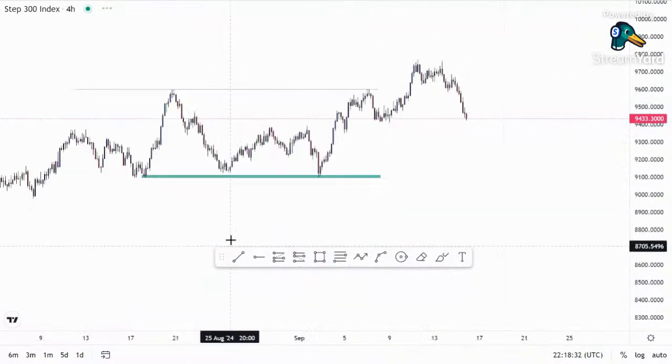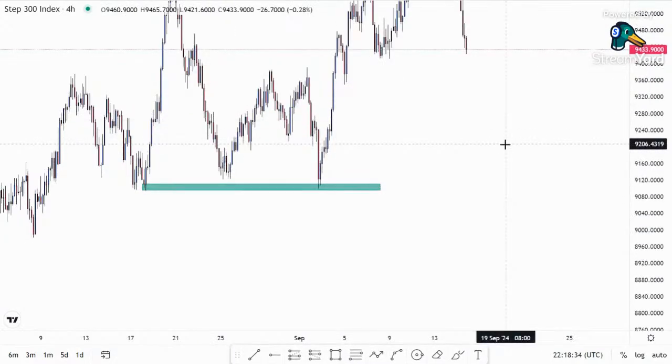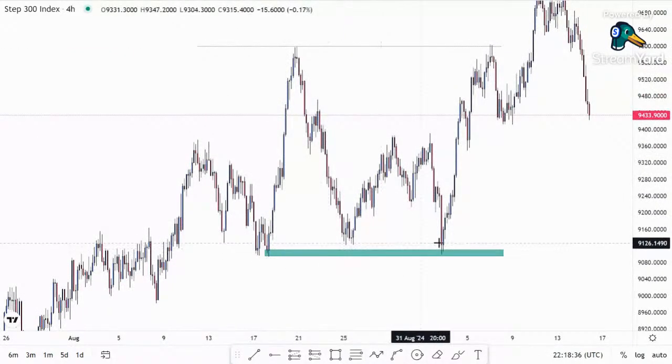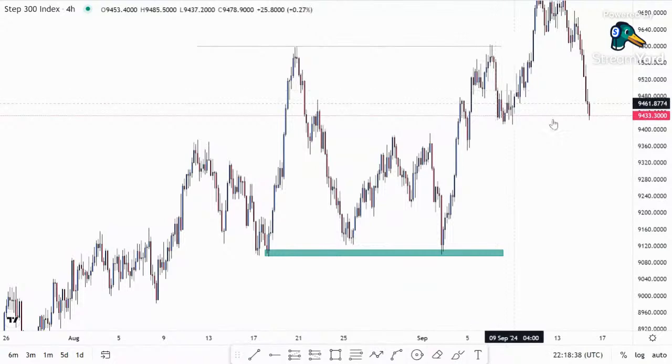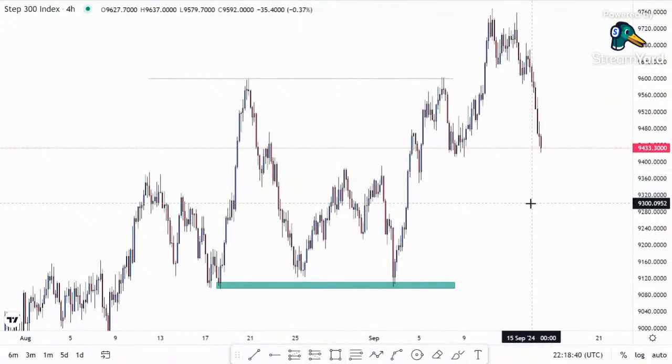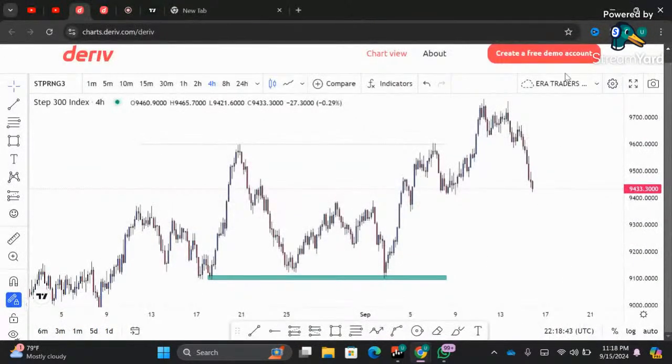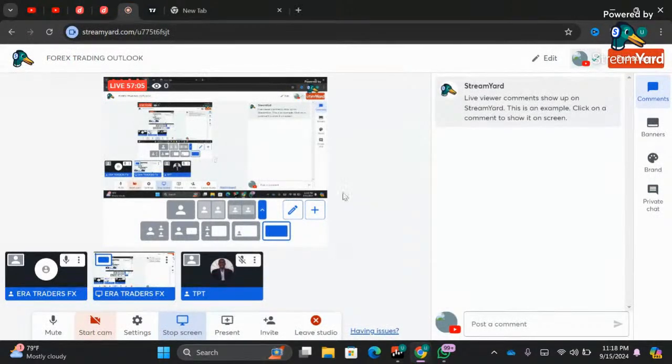4 hour time frame. From here, target there. So basically, I'm just here waiting for price to move, do his thing, anything he wants to do.